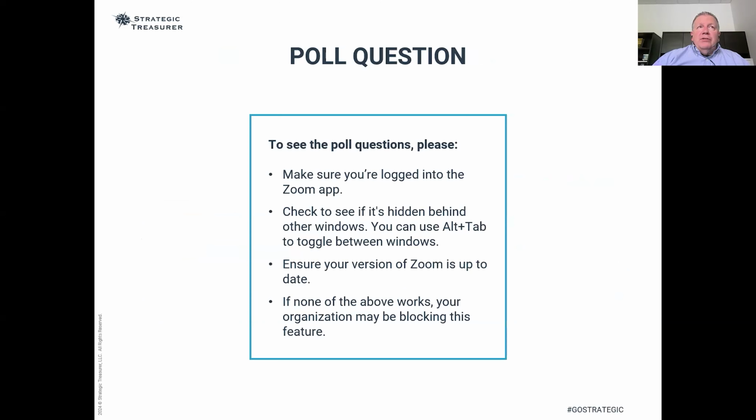So that brings us to our first whole set of questions. We have two stacked in here. The first one is, when was the last time your company reviewed bank fees? So there's the five options there, from 'I don't know, who has the time' to within the past two months. Select one of those for the first section. The second question is, what is the frequency of check-ins with your relationship manager? How often are you meeting with your relationship manager, your treasury manager from the bank?